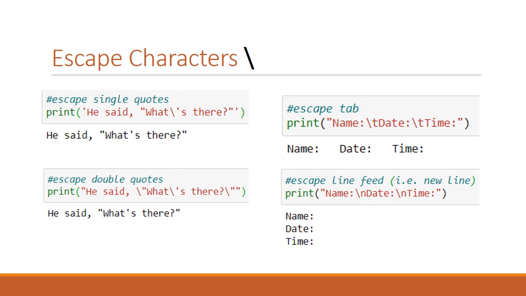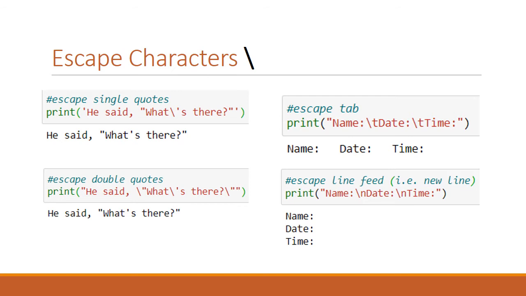So in order for Python to understand that we want the single quote to actually be part of our string and not be a signal that we're at the end of our string, we use a backslash single quote. Then our output is, He said, what's there?